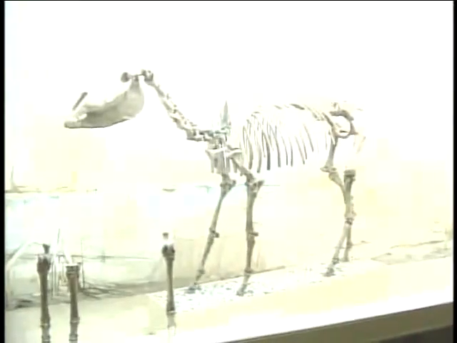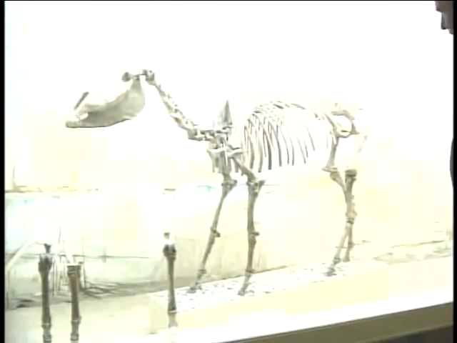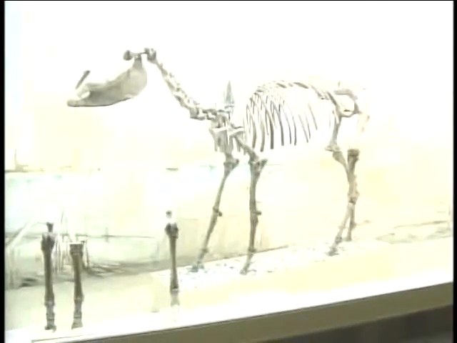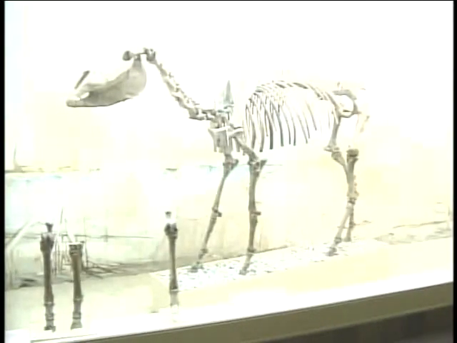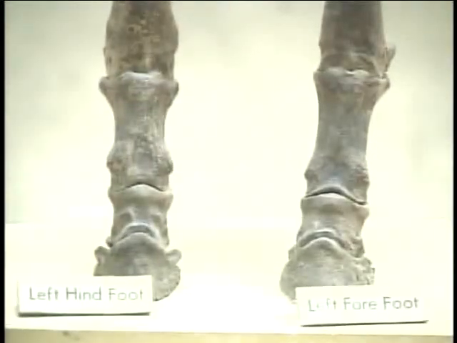But coming on up to the size of much like a close brother to the horse that we have at this time. This animal found here in Nebraska, what an interesting area these plains must have been. We're going to zero in, and I want you to see a left hind foot and a left forefoot of this Pleistocene horse.